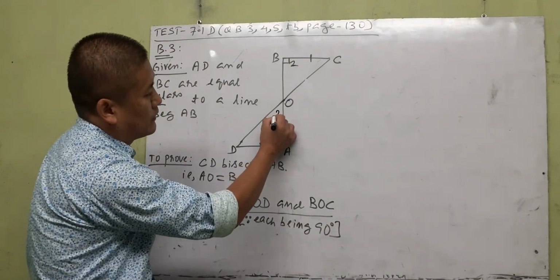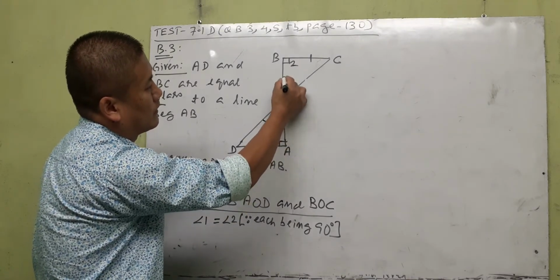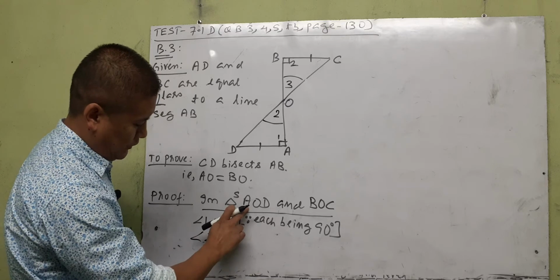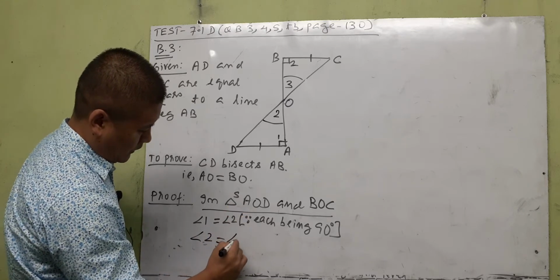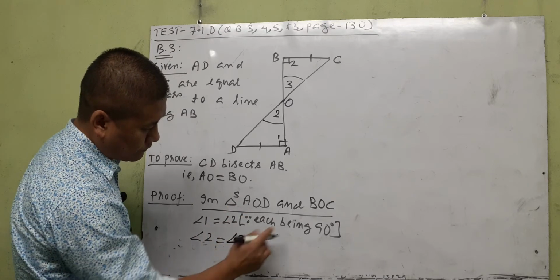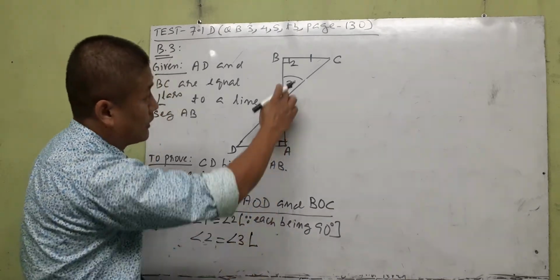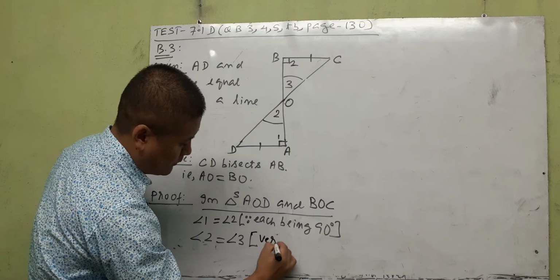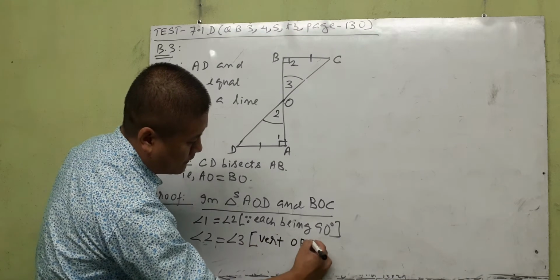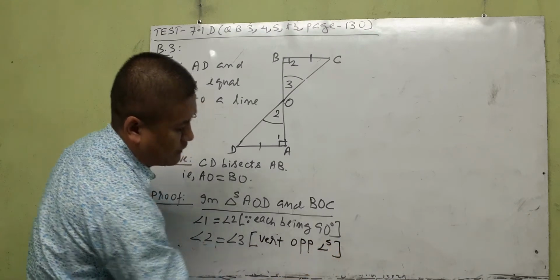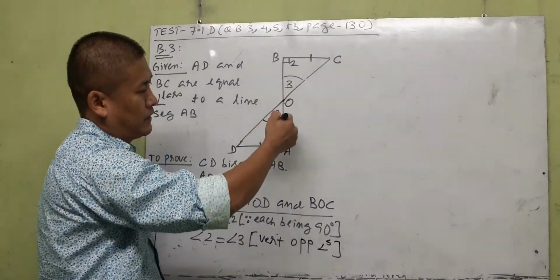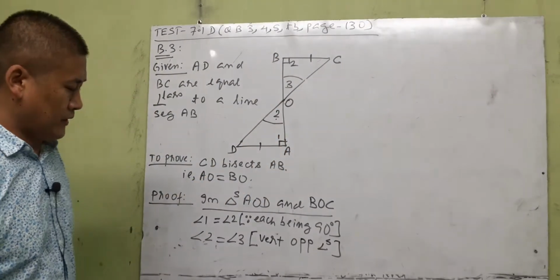And if we were to indicate this by angle 2 and this by angle 3, then angle 2 inside this triangle AOD is equal to angle 3 inside triangle BOC, as you can see here. We know because they are vertically opposite angles. These 2 are straight lines cutting each other, so up and down here, vertically opposite.